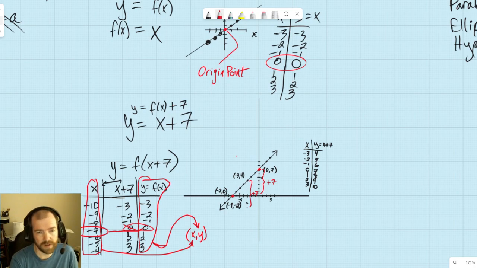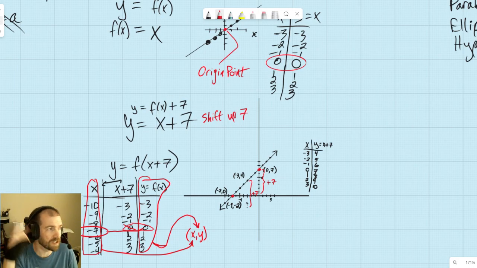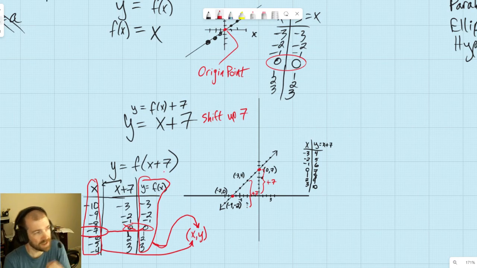Then, when we start shifting stuff around, we said that y equals f of x plus 7, adding 7 on the outside of the function, shifted it up 7. Adding 7 on the inside of the function is actually going to shift left 7.